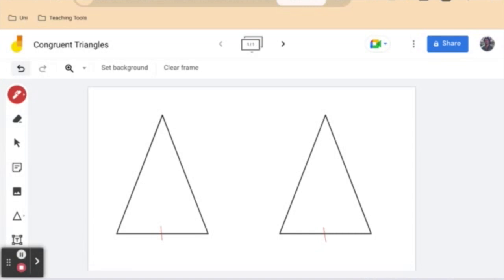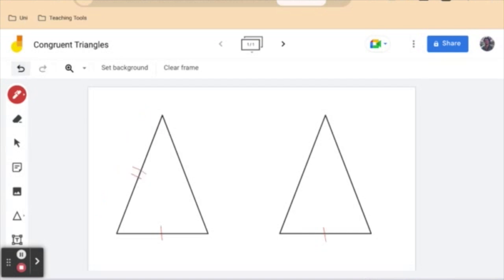So we would need to say, okay, not only do I have this side being equal, I need another pair of sides being equal. So we go ahead, we measure this, we get that that's, I don't know, 4 centimeters. And we measure this one to be 4 centimeters as well. Okay, now we have another pair of equal sides.